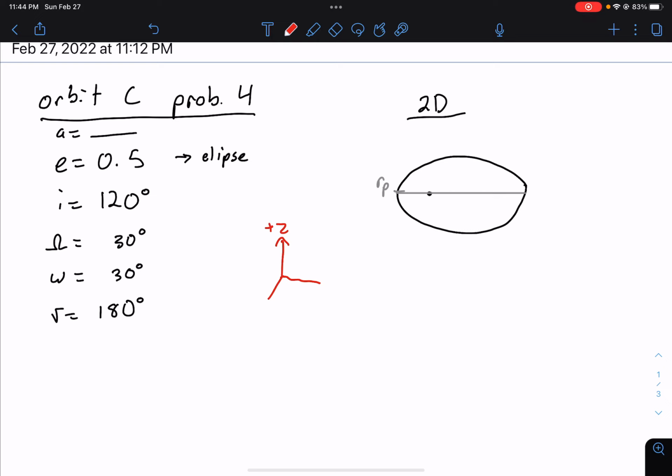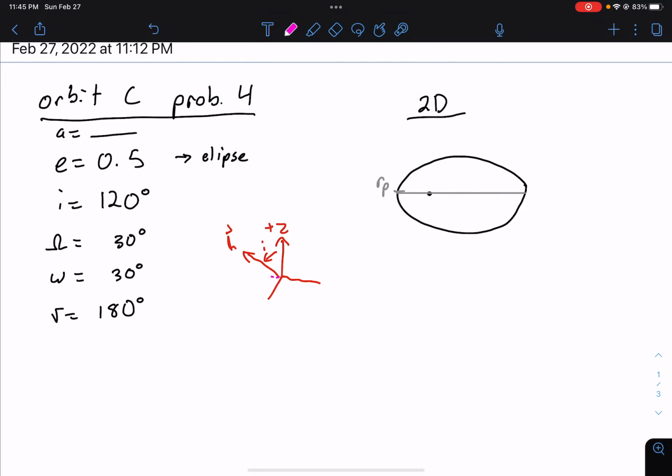We remember inclination is essentially the angle between the angular momentum vector and the positive z-axis. So what does that actually mean? If this is our h vector here, then this is our inclination angle.